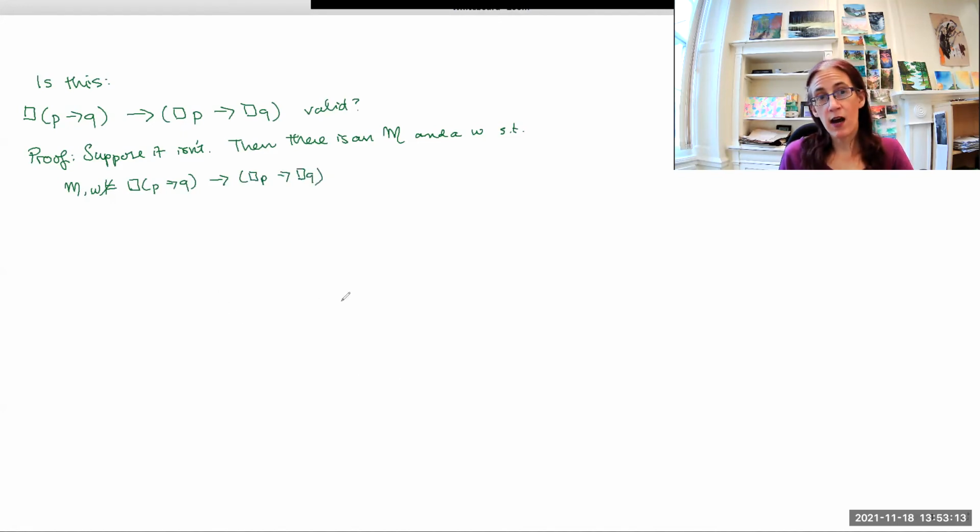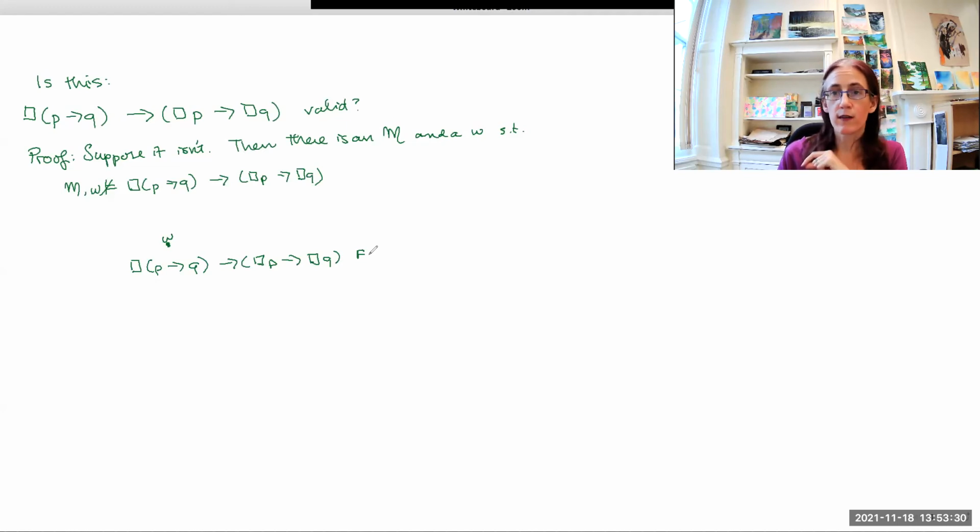And in fact, I'm not even going to continue writing out all of this anymore. I'm just going to draw a little dot and label it W. And I'm going to say we have a world where this is false.